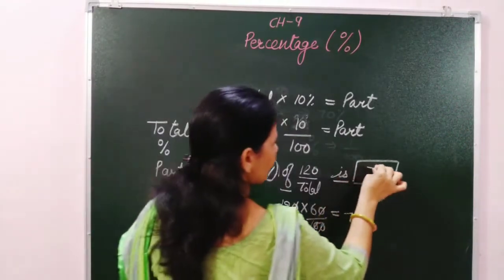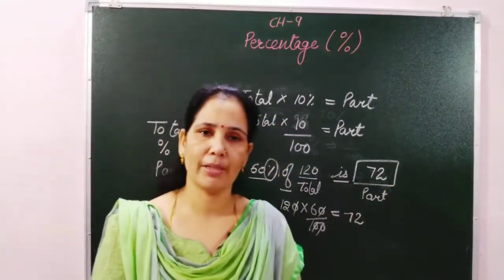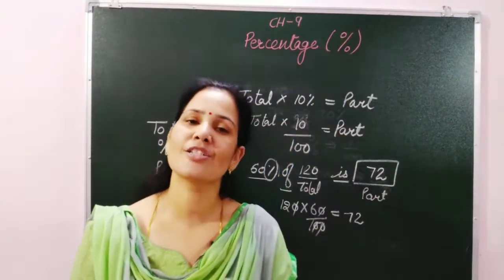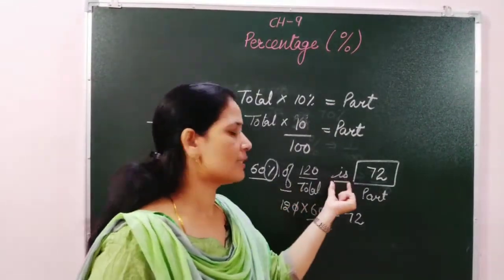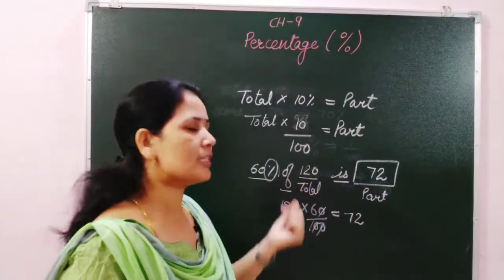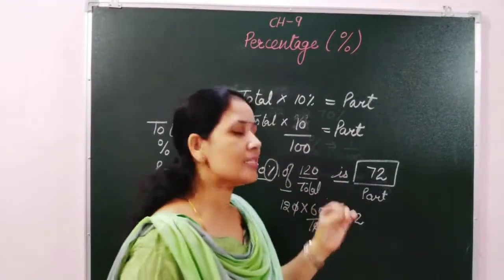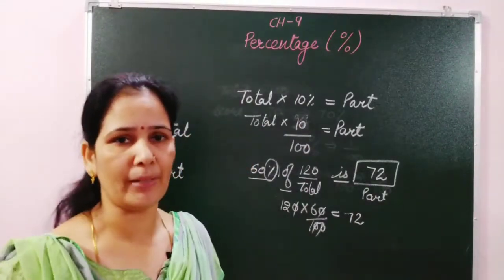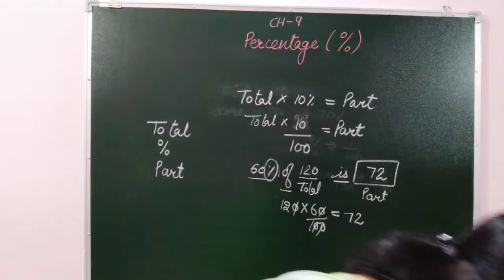So here we write 72 is the part. To find out which number is percentage, which is total and which is part, we have to observe these symbols. If "of" is given before the number, that indicates the total, and if "is" is given before, that indicates the part.